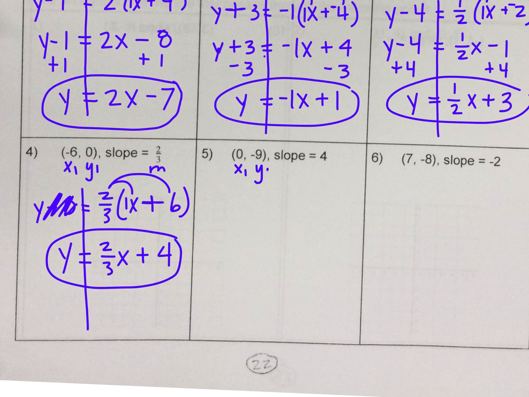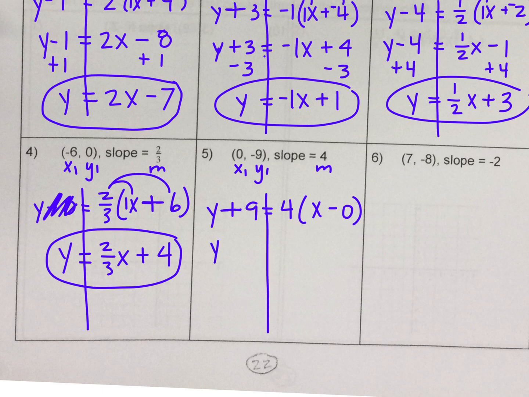x1, y1, and m. y minus y1 is a -9 equals, it's a terrible equal sign. Make that a plus, 2 negatives make a positive. m is 4, times (x minus 0). All right.